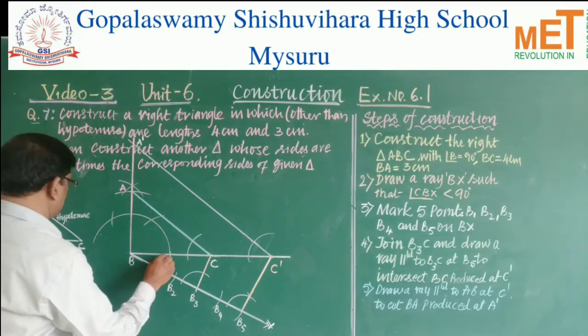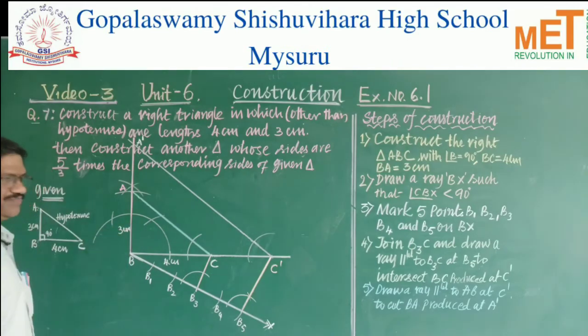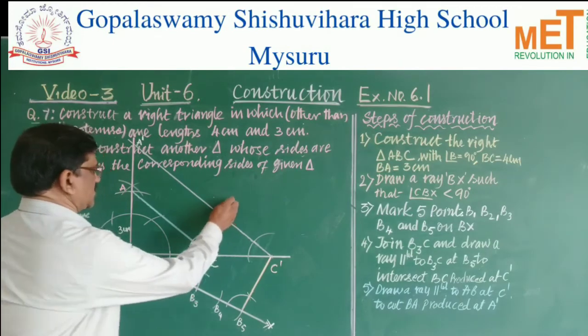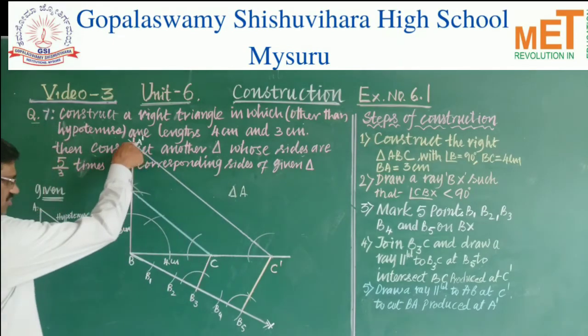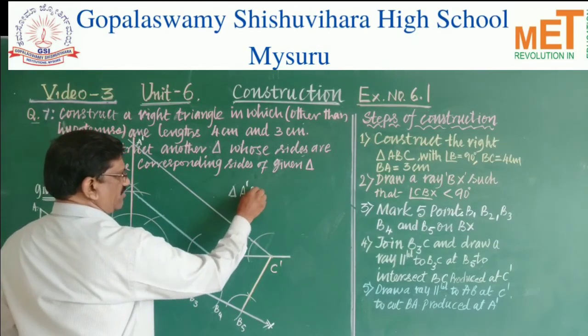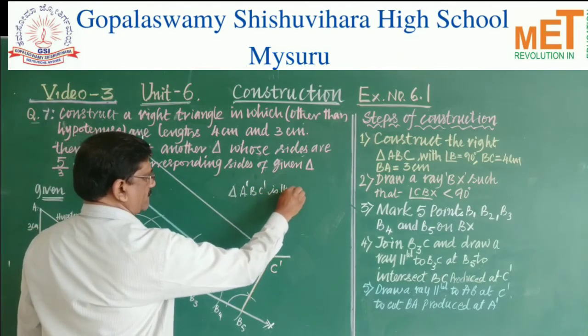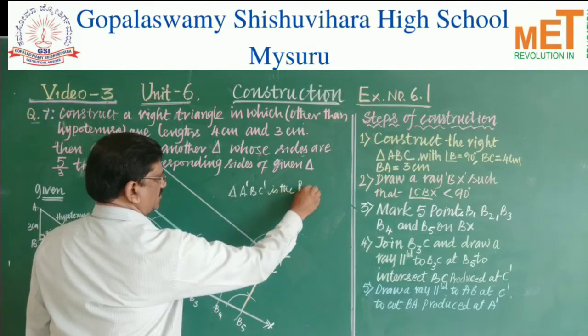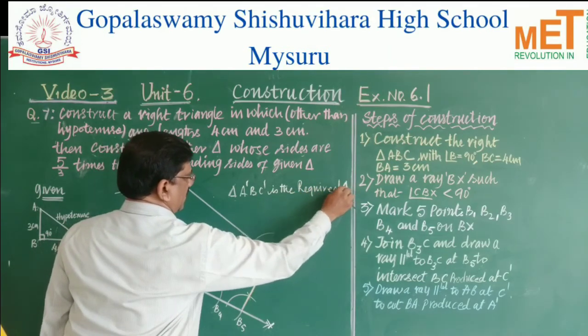So this is 4 centimeter, this is 3 centimeter. Okay. Now here it is triangle A dash B C dash. A dash B C dash is the required triangle.